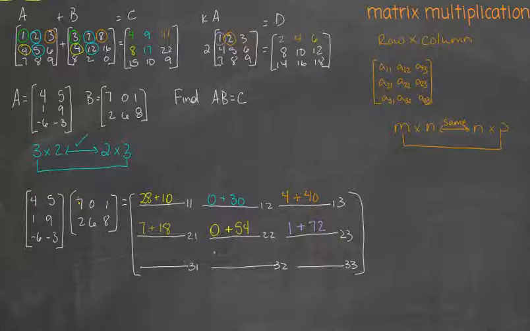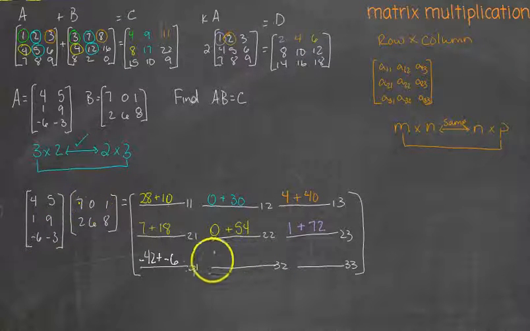Okay, let's do third row, first column. Negative 6 times 7, negative 42, plus negative 3 times 2, negative 6. Third row, second column.